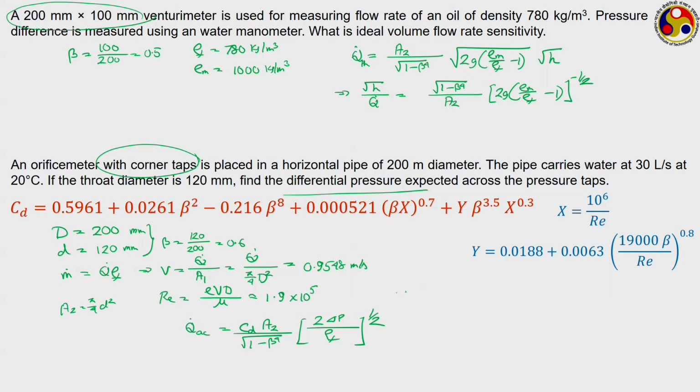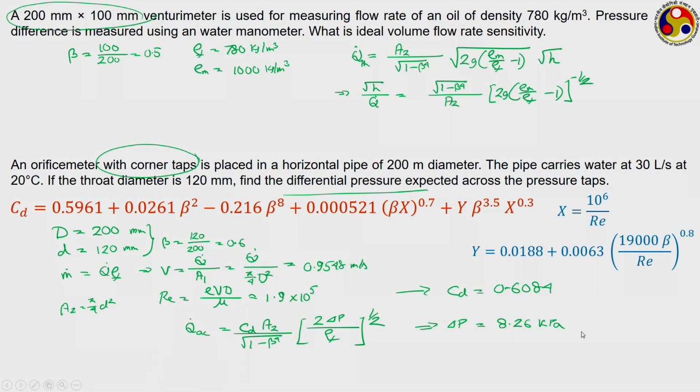So, if you use this, then just put the value of beta and Reynolds number in this expression, and your CD will be coming as 0.6084, which is quite common for orifice meters. So, if you put all these values, delta P will be coming something like 8.26 kilopascal.